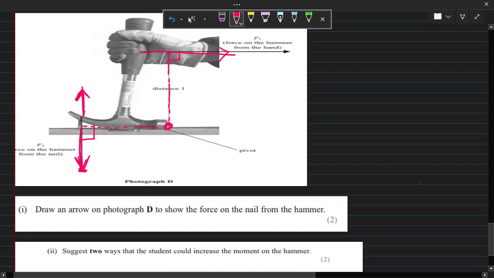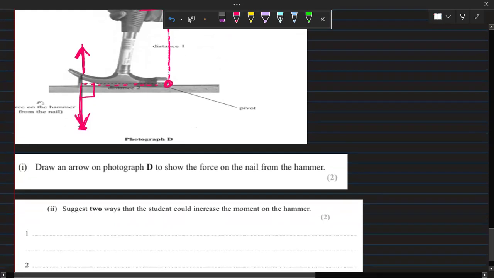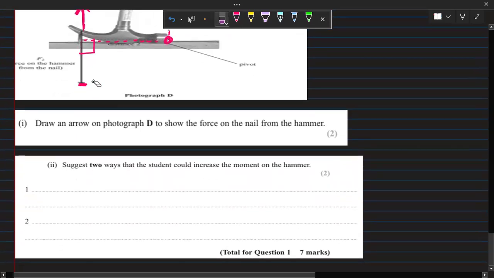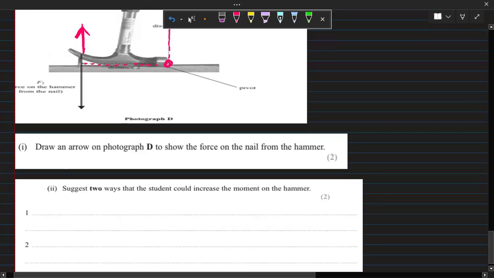I hope this point is clear. It should be upward. It should not be drawn under the nail. So this is not the force on the nail. It is actually the force from the nail on the hammer, and we are required to draw the arrow showing the force on the nail from the hammer, right? So it's done, right?